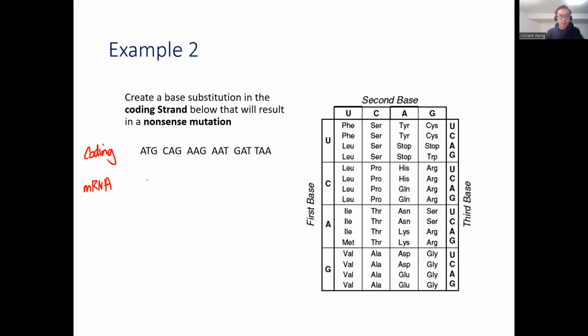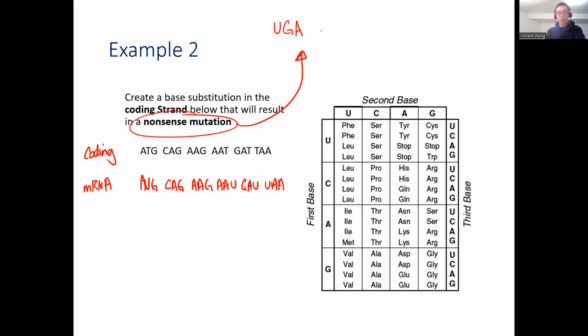So we can copy this first. To create a nonsense mutation, I need to have one of these, right? UGA, UAA, or UAG. So you cannot do it anywhere. You have to find the right spot for it.